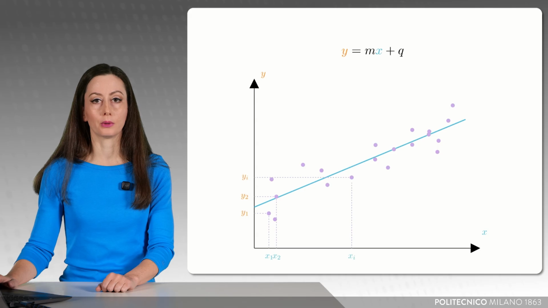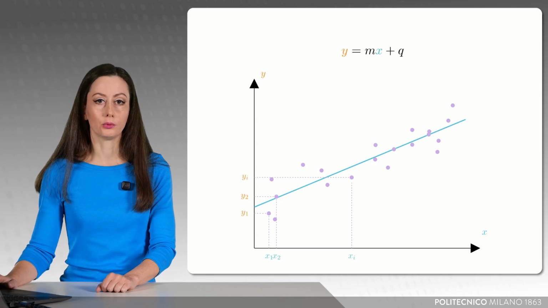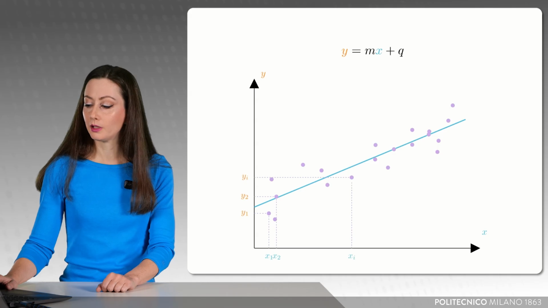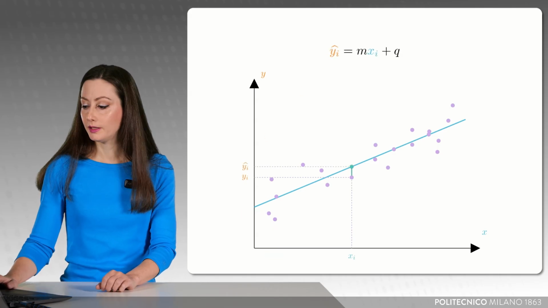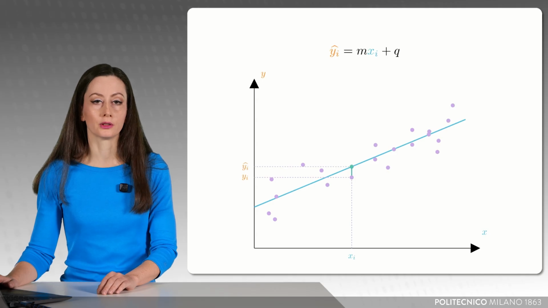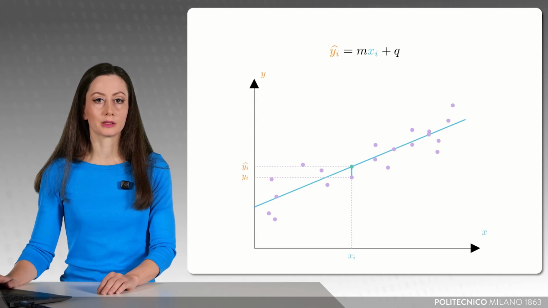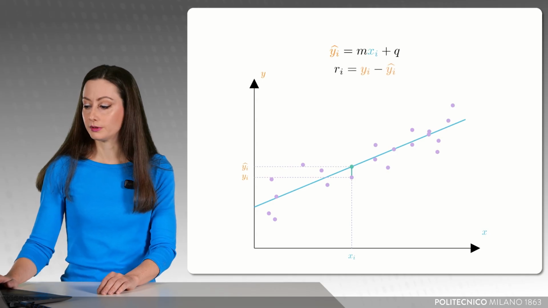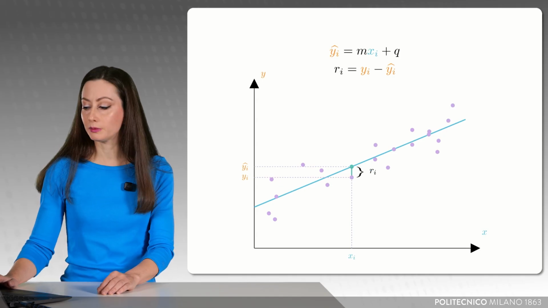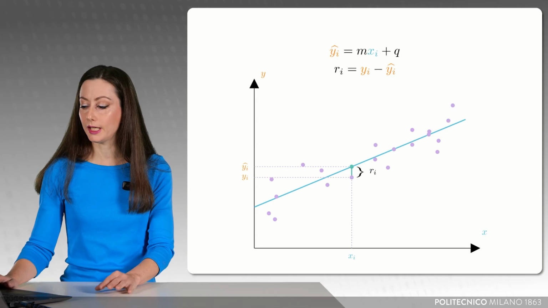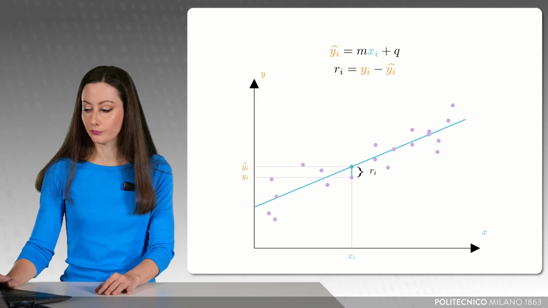Let (x1, y1) be the first point, (x2, y2) be the second, and so on for all n points. For a given point (x, y), we define y hat as the predicted value from the model, that is, m times x plus q. The difference y minus y hat is called the residual, and it measures the error between the actual and the predicted value.